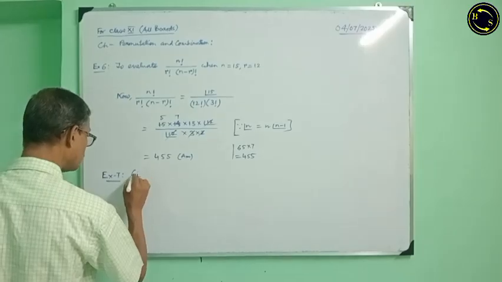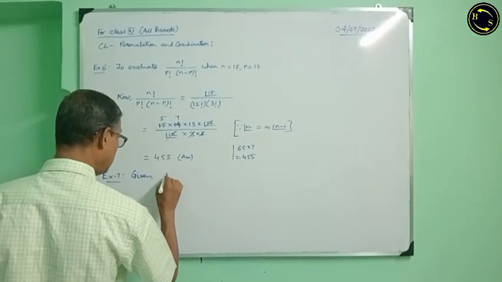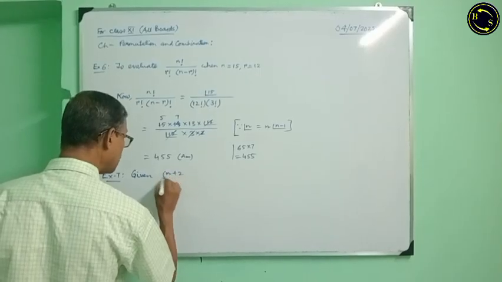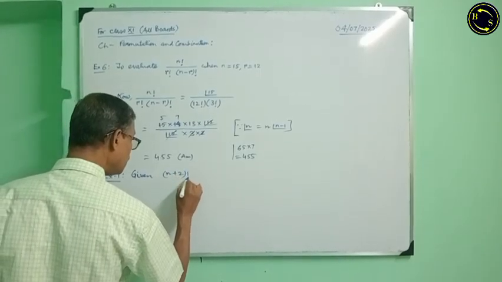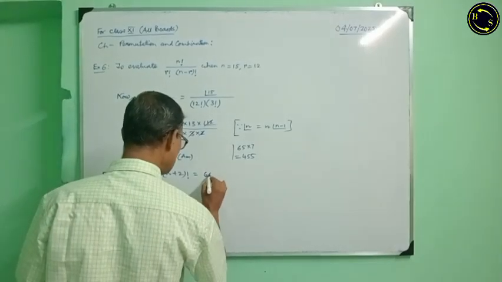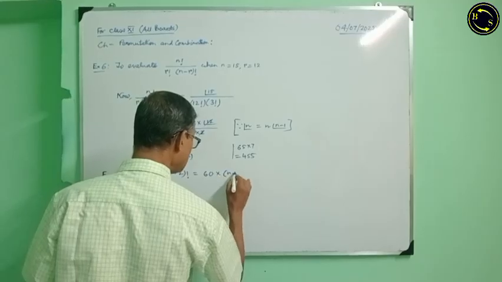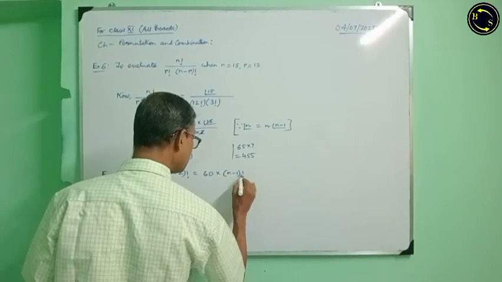Given n plus 2 factorial is equal to 60 into n minus 1 factorial.